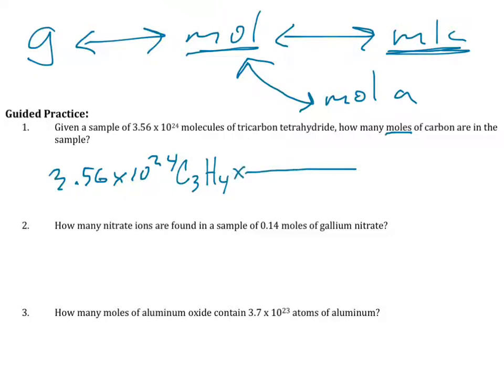I forgot to put MLC here, so molecules. So we have molecules of C3H4, and we're going to go to moles of C3H4. We know that 1 mole is 6.02 times 10 to the 23rd.